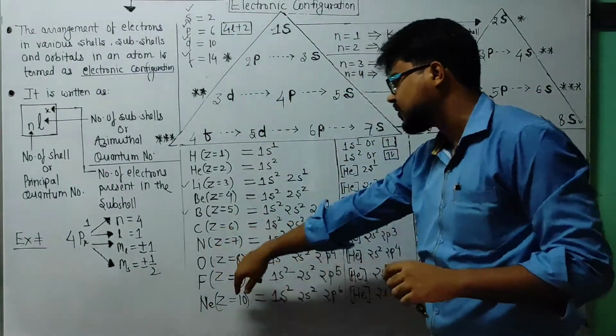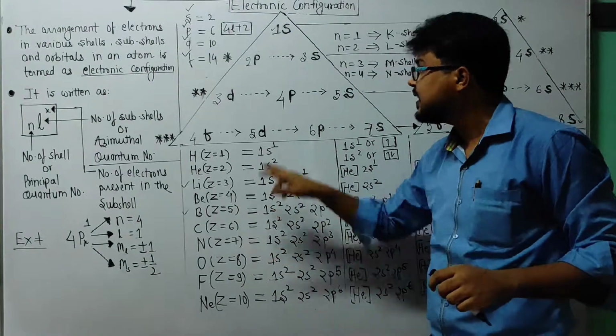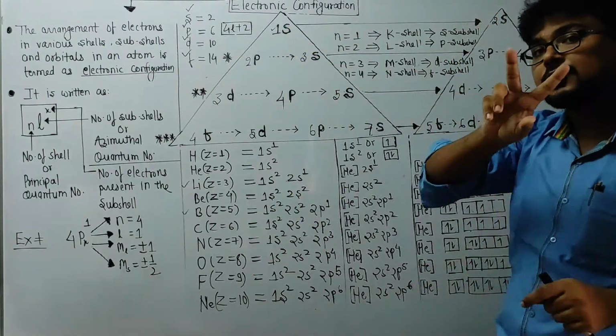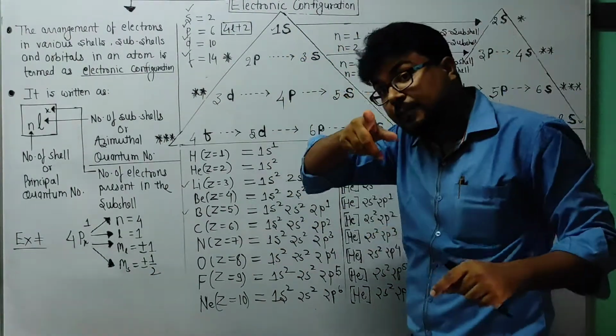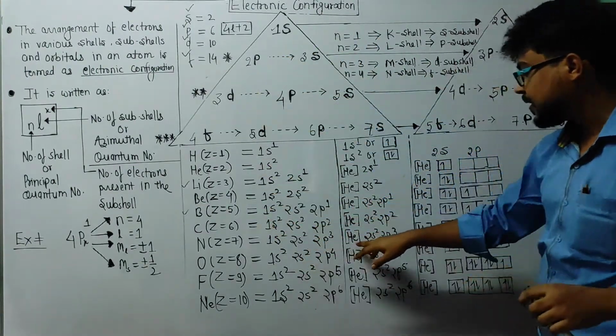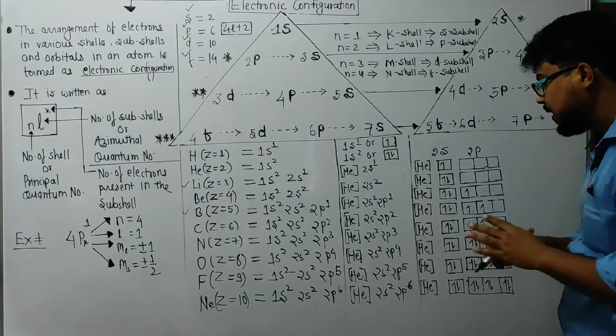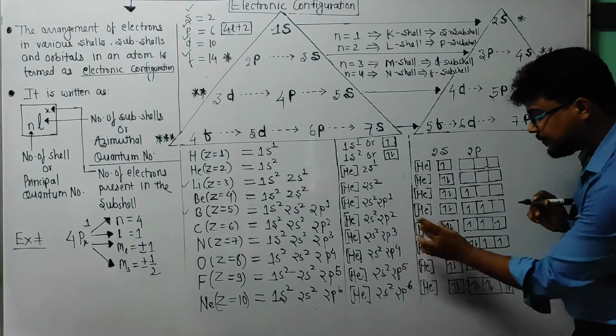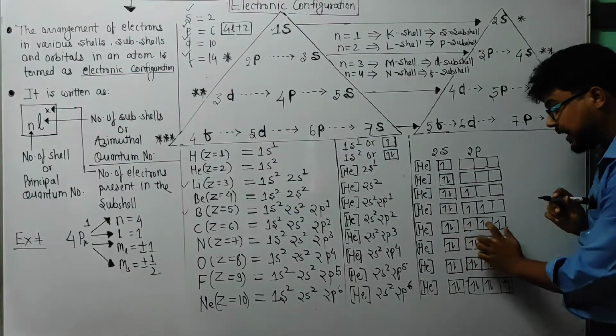So check nitrogen and oxygen. Nitrogen has atomic number 7: 1s2, 2s2 uses 4, so 3 are remaining, so it is 2p3. Check 2p3, or it can be written as helium 2s2 2p3, meaning 1, 2, 3.